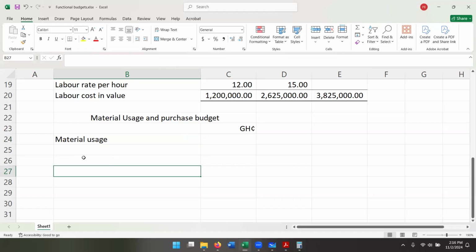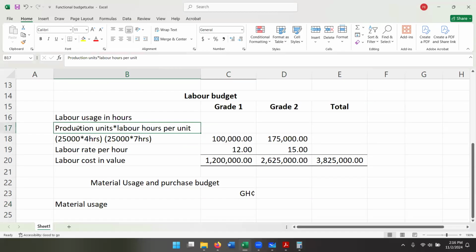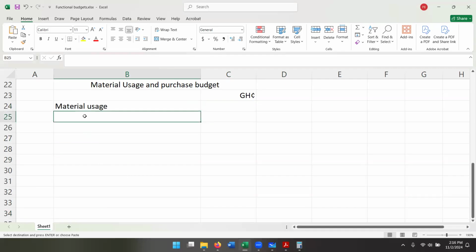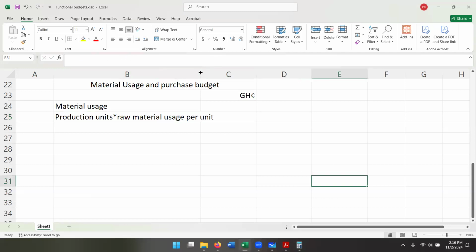As we look at the labor usage, we multiply the production units. Here we don't want labor usage, we are multiplying with raw material usage per unit.